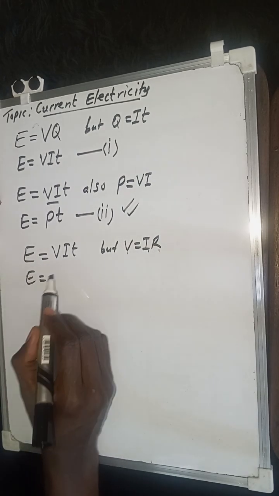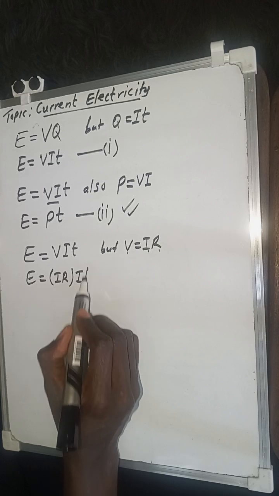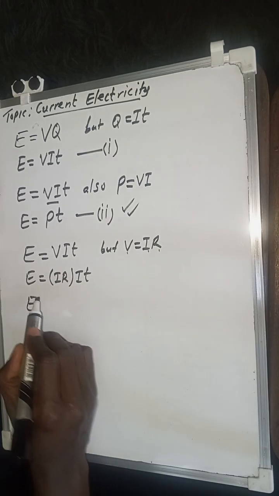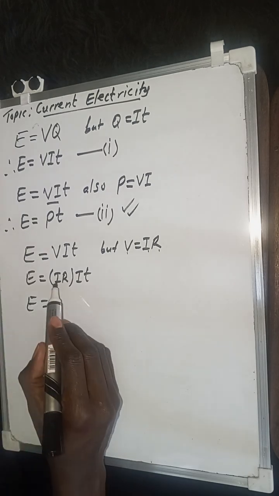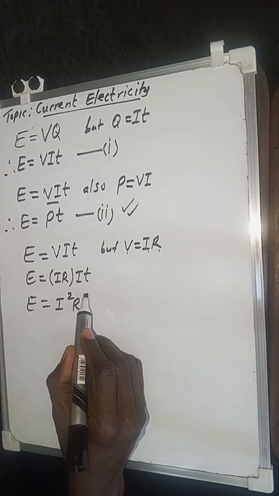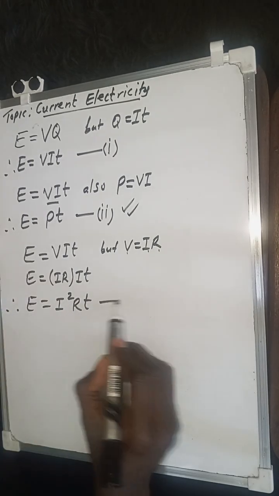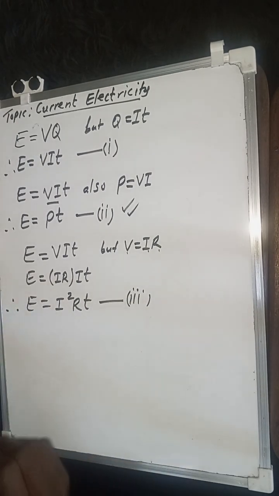So it is going to be equal to IR, representing the voltage, then multiplied by IT. So electrical energy is equal to I times I, which gives I squared, multiplied by resistance, multiplied by the time. So this is another equation that you can use to calculate electrical energy.